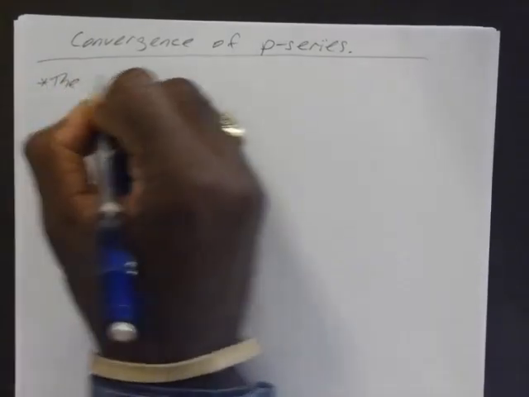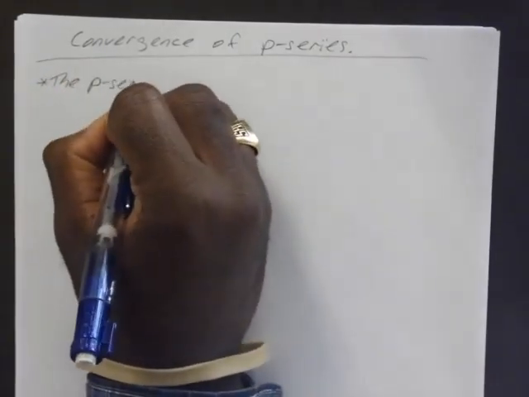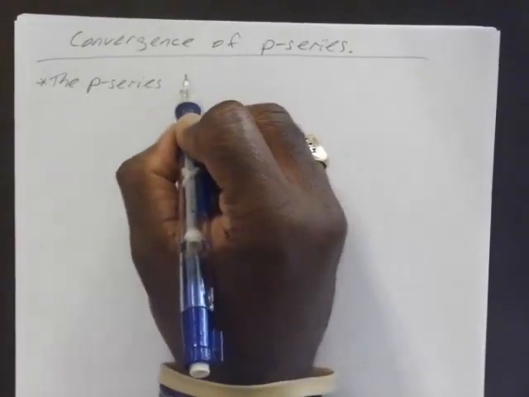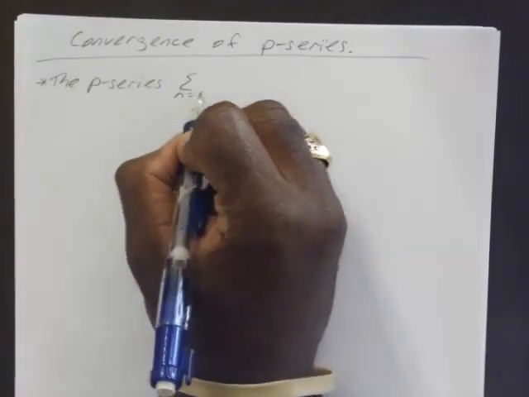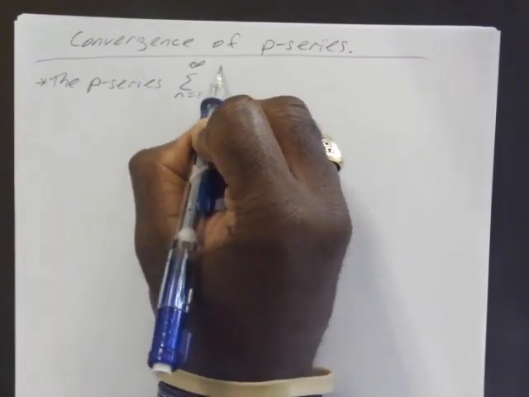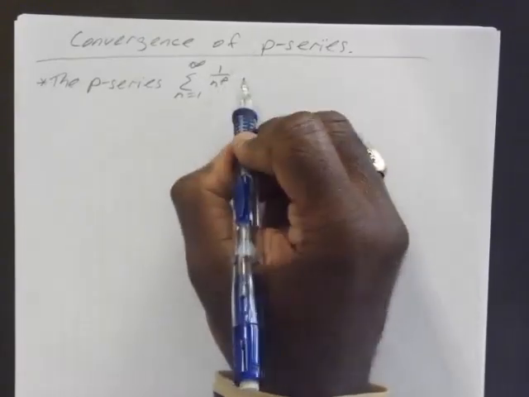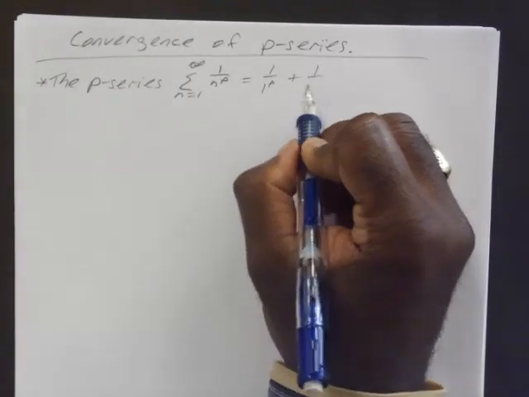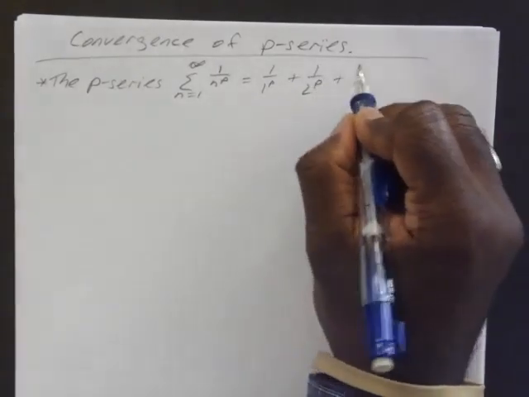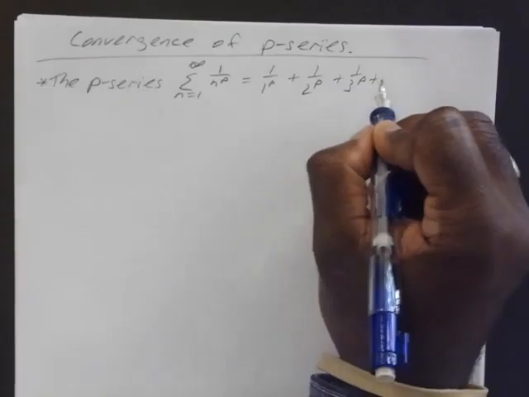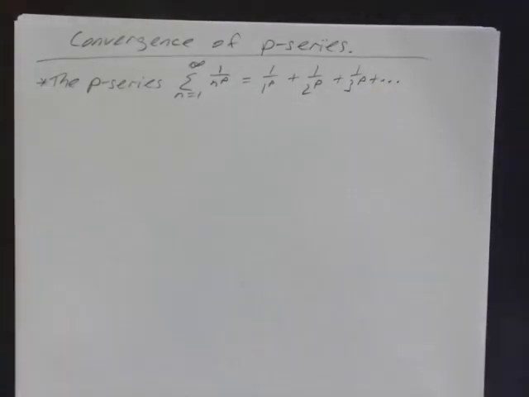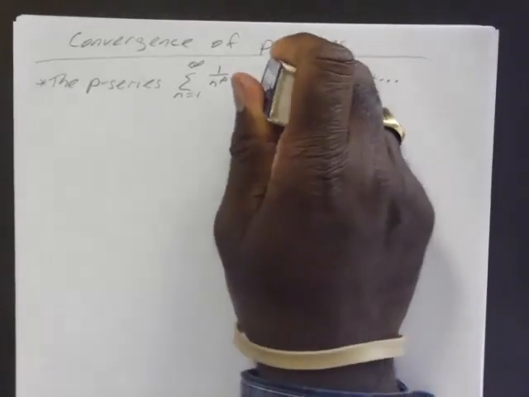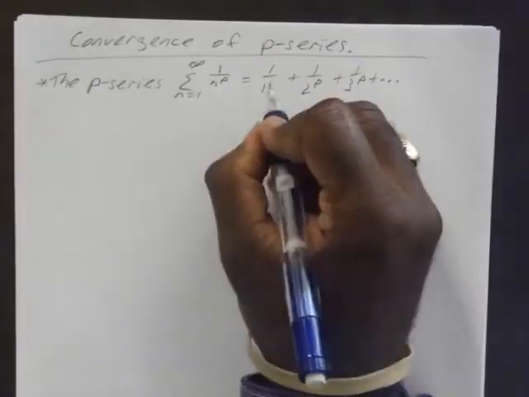Now the p-series, remember, that's the sum from n equals 1 to infinity of 1 over n to the power of p, which is just 1 over 1 to the power of p plus 1 over 2 to the power of p, 1 over 3 to the power of p, and keeps on going.